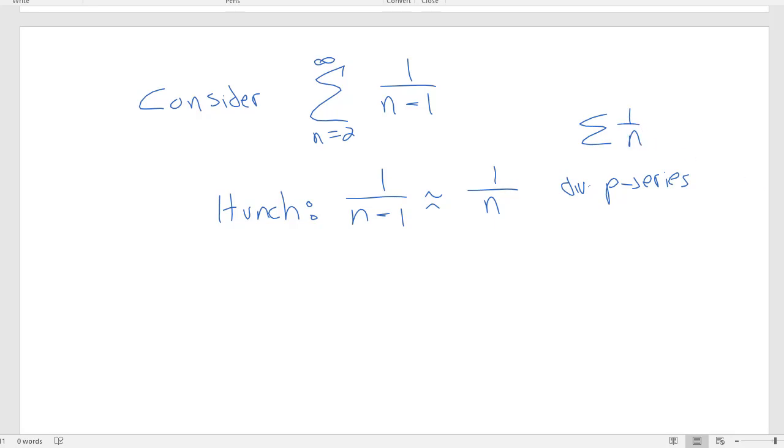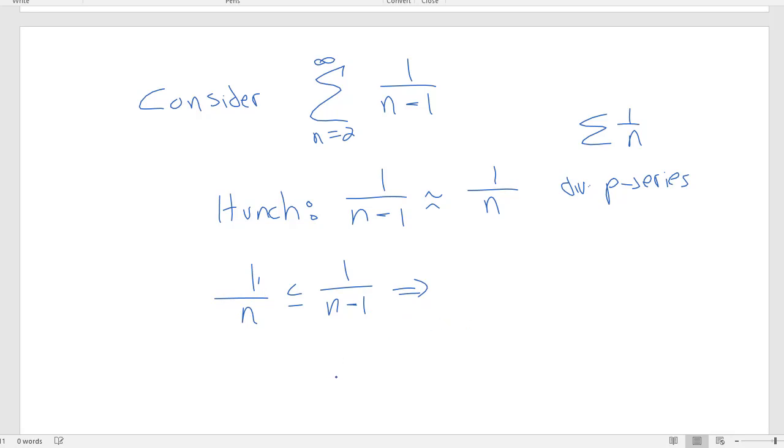Right? Now, it could be pretty easily shown that 1 over n is smaller than 1 over n minus 1. And again, when I compare, numerators are the same. When I compare denominators, n is a little bit bigger than n minus 1. So 1 over something a little bigger is going to be a little bit smaller.